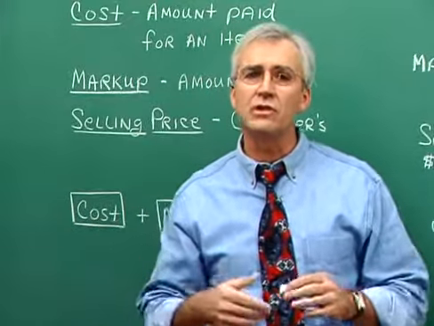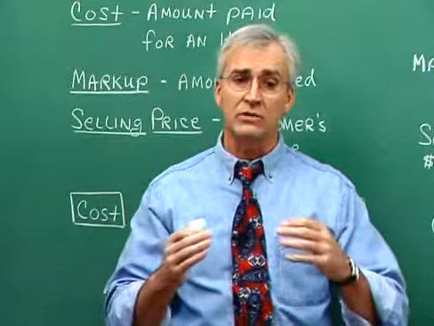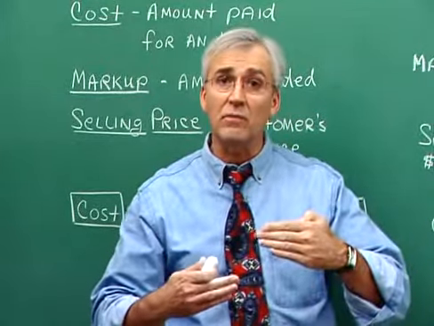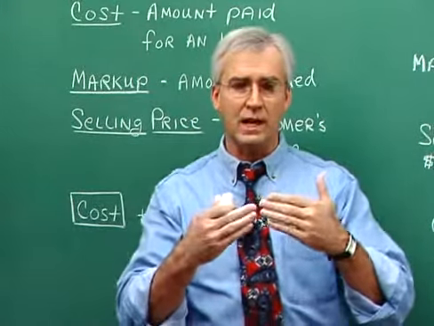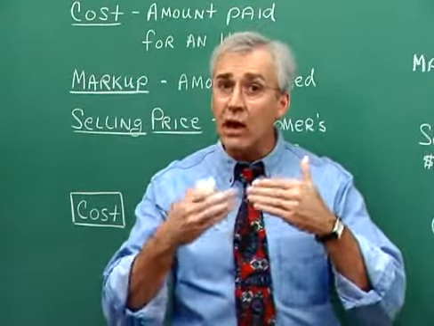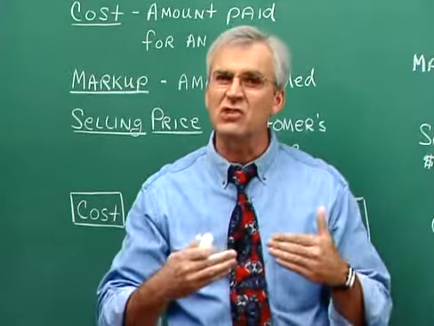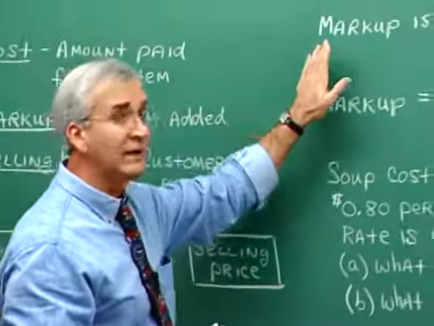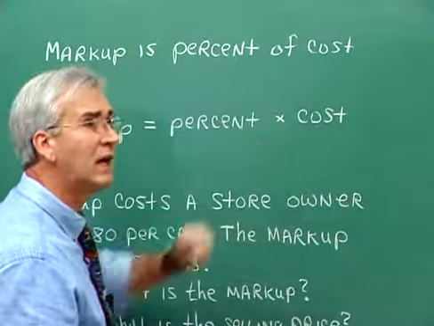And what businesses generally do to make the whole situation relatively easy is that rather than say that the markup amount is some fixed amount of money for every product in the store, they say, well, let's calculate markup by figuring a percent of the cost. So markup is calculated as some percent of the cost of an item.